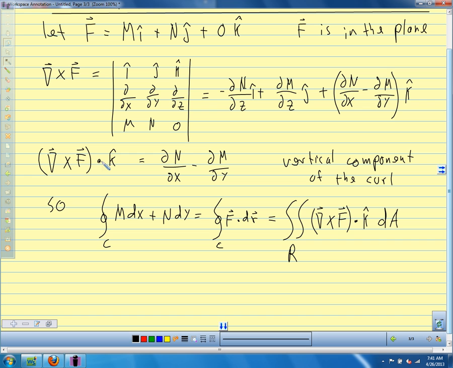So we're going to look at a similar expression for the normal component of F in the plane.